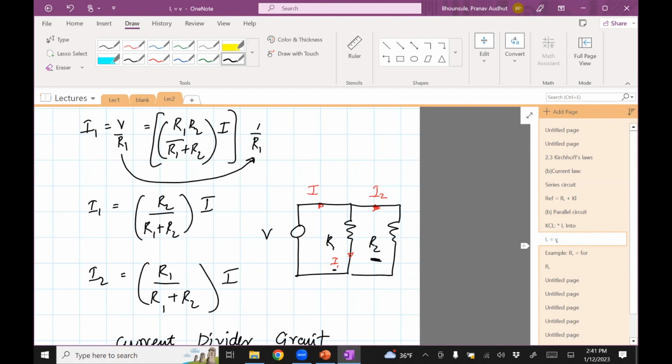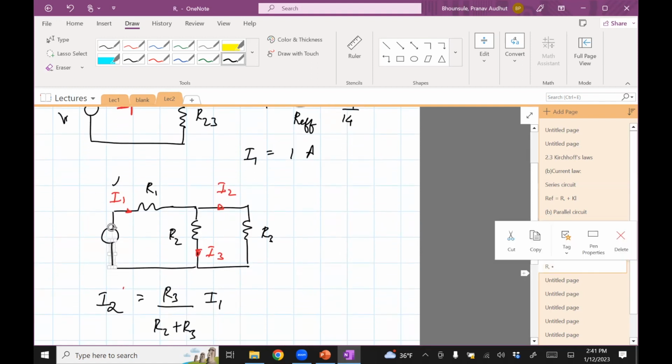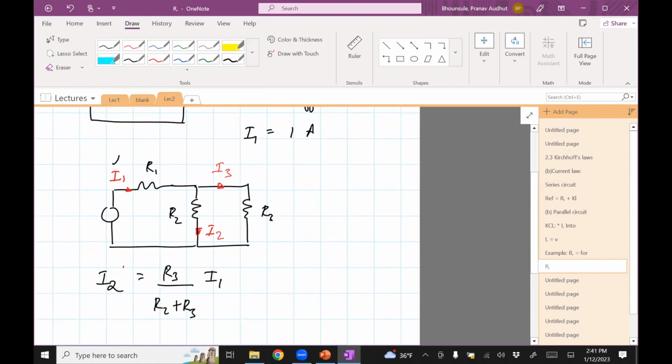So it's always the resistance of the neighboring branch. I made a mistake here; the notation isn't correct. This should be I2. So I2 is the resistance of the neighboring branch divided by the sum of resistances. And similarly, I3 is going to be R2 divided by R2 plus R3 times I1.